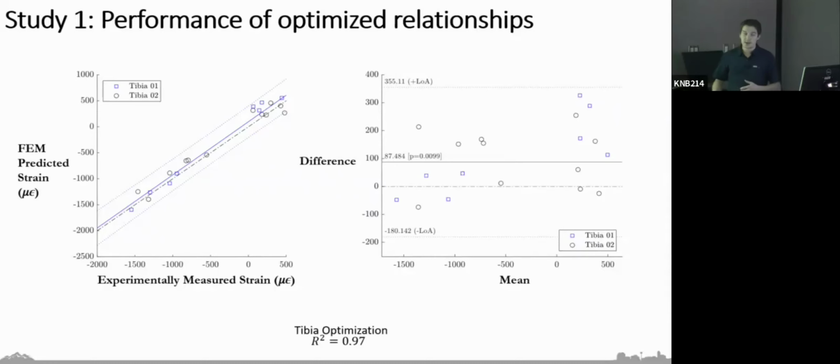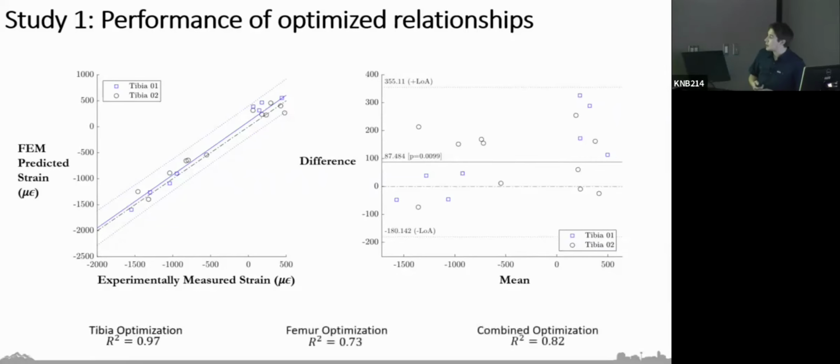But we did this optimization for the entire rabbit hind limb, in 3 separate groups. We just show the tibia here, but we did this for the femur as well, and in a group where we combined both the tibia and femur bones. We saw relatively good agreement and strong correlation across the board. In our femur, we were able to explain 73% of the variation, and in this combined group, up to 82% of the variation.